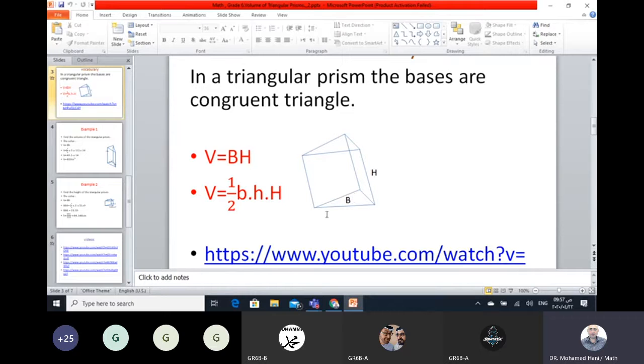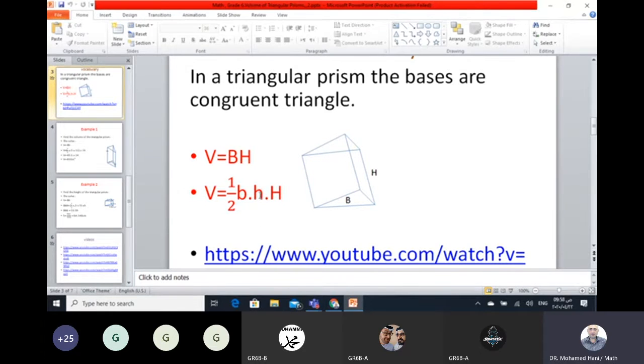So the first step to solve the volume is to find the area of the triangle. The symbol for the area of the triangle is big B. This is the meaning of big B. Just write the formula B equals 1/2 multiplied by the base of the triangle multiplied by the height of the triangle. And separate between H small and H big.